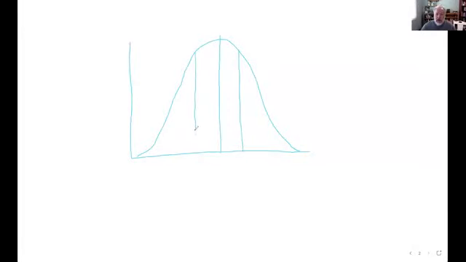One property is that within, if this is the mean, within one standard deviation of the mean, plus 1, minus 1 standard deviation. That's the Greek symbol sigma, lowercase sigma, and that stands for standard deviation.